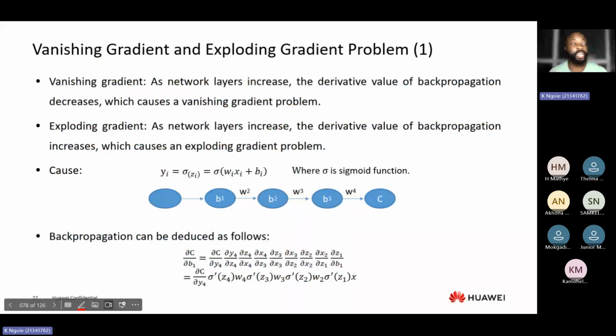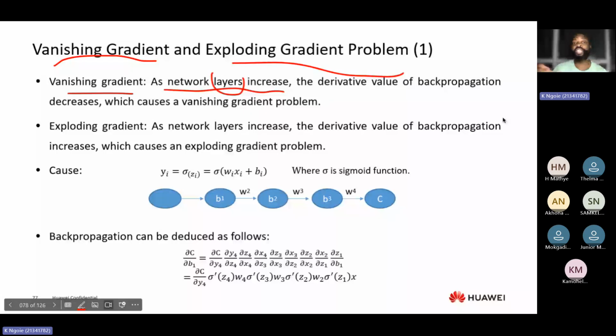The second problem we have, which we've mentioned so many times, is the vanishing gradient or exploding gradient problem. So what is a vanishing gradient? You need to remember, as the network layers increase, the more layers we have in a network, remember that we have a back propagation which sends the error back.